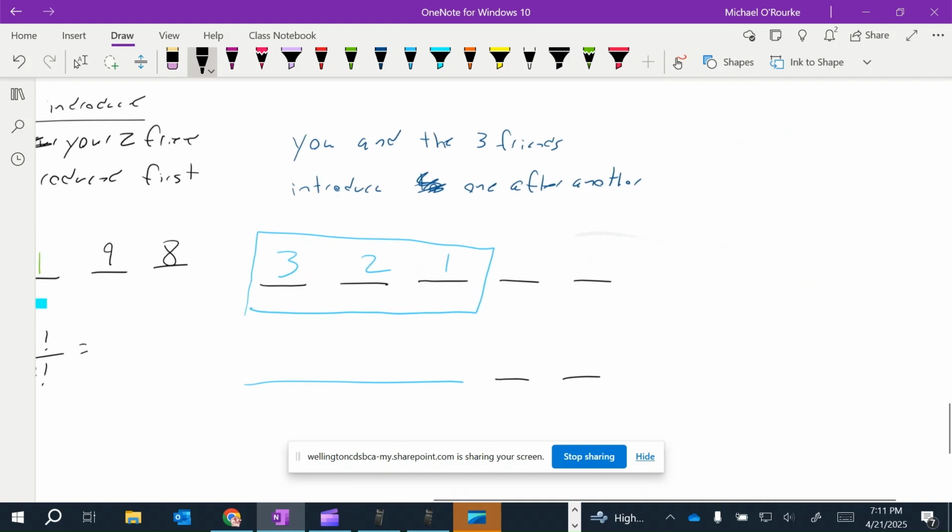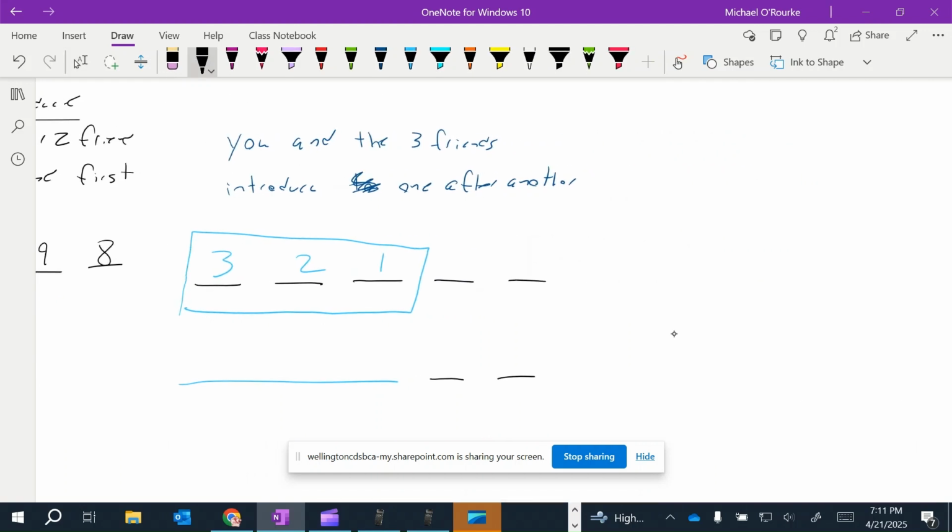So I need to think this out a little bit. So I have 1, 2, 3, 4, 5, 6, 7, 8, 9, 10, 11, 12. You 3 are one person. So realistically, now I have 1, 2, 3, 4, 5, 6, 7, 8, 9, 10 options.